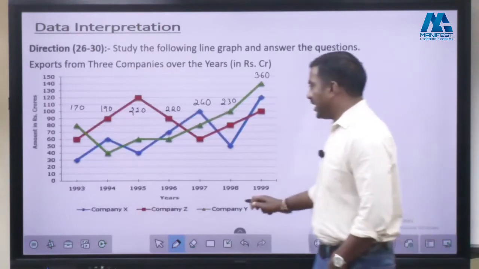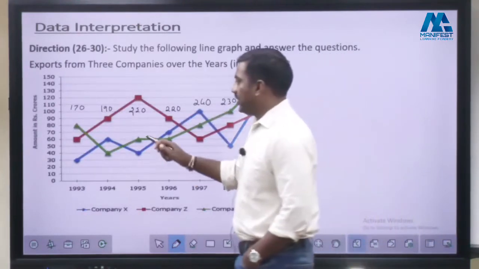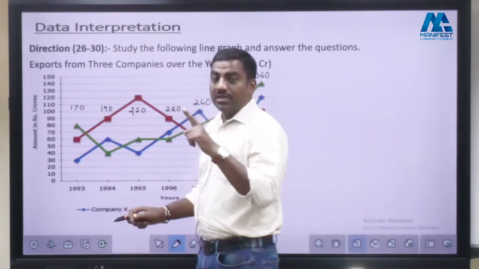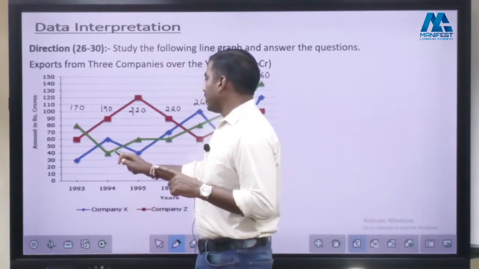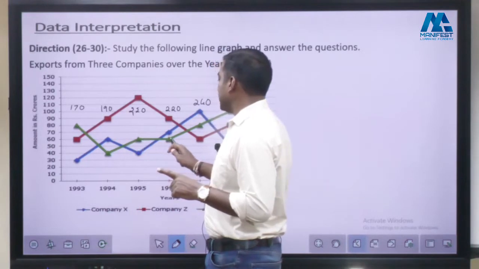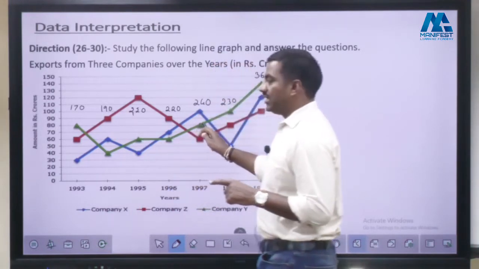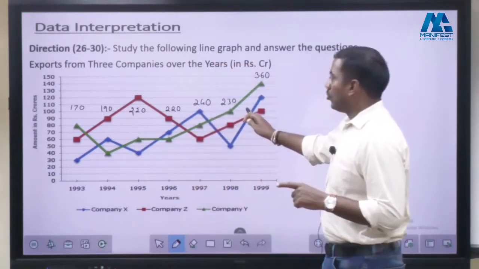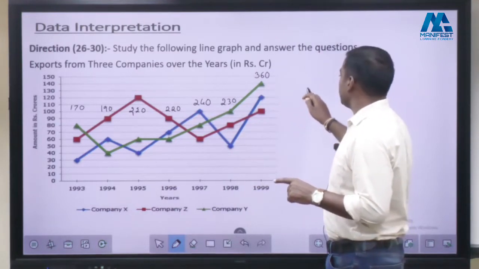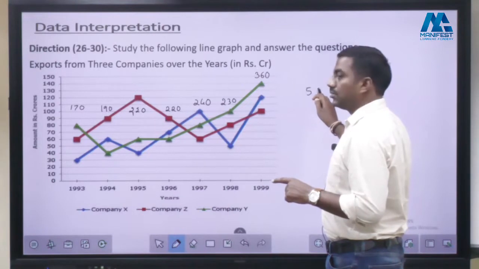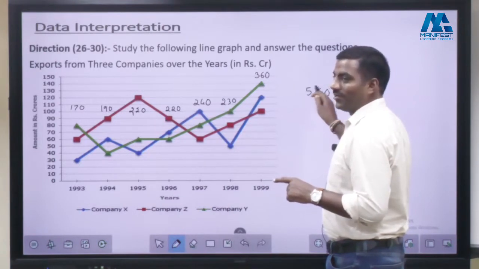Y is denoted by triangle. So be careful. You have to trace with one finger always. 80 plus 40, 120 plus 60, 180 plus 60, 240 plus 80, 320 plus 100, 420 plus 140. How much? 560.